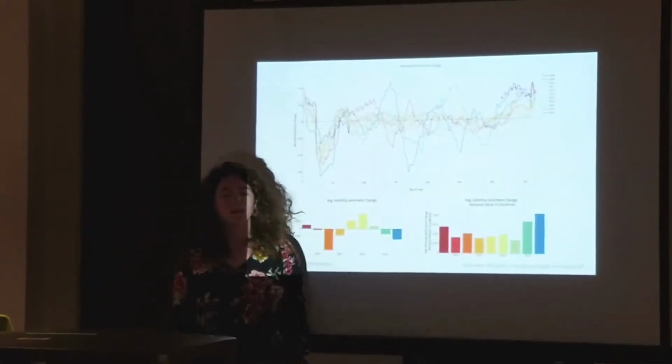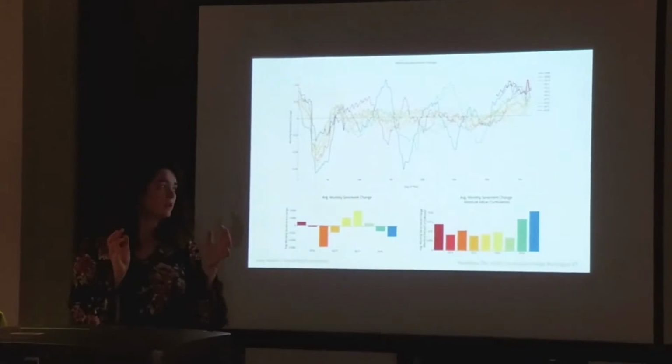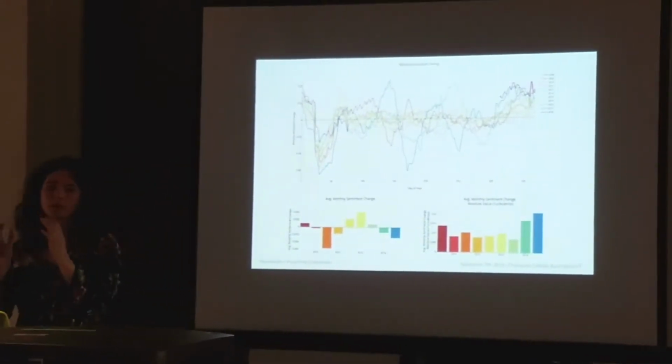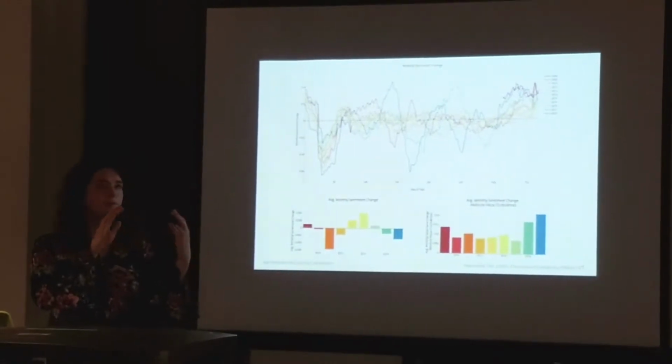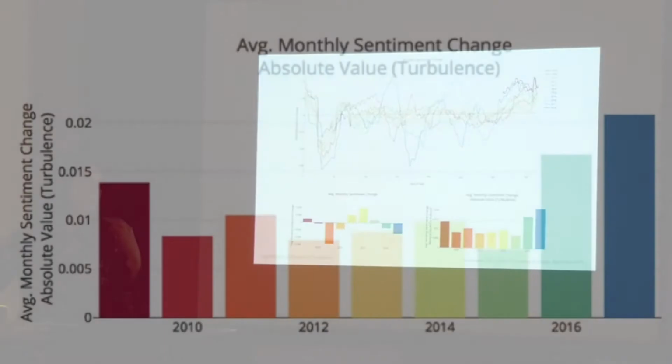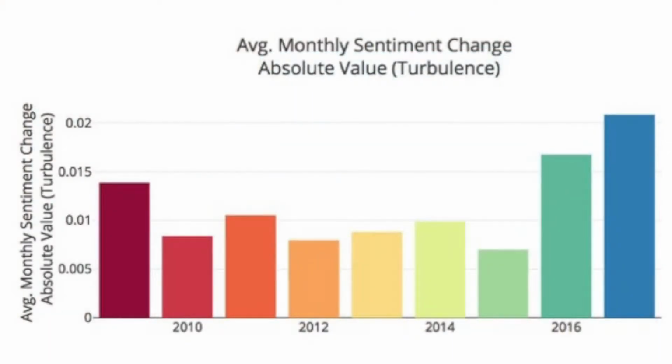It's basically saying if we take that monthly rolling average and we take the average sentiment change for every day compared to 30 days previous, 2017 has a lot more turbulence in terms of sentiment compared to other years.